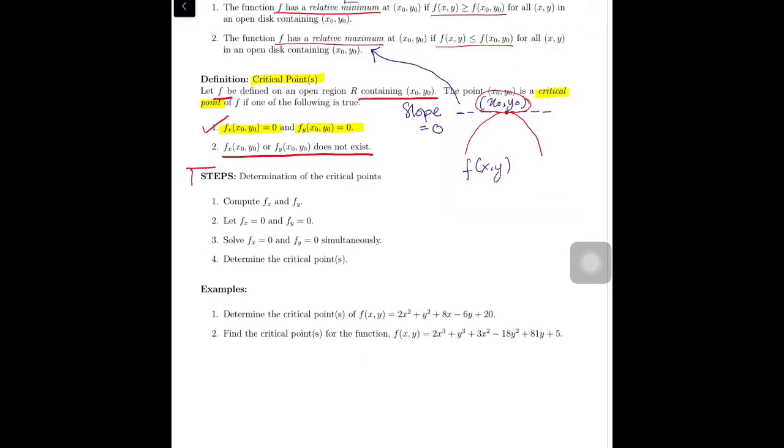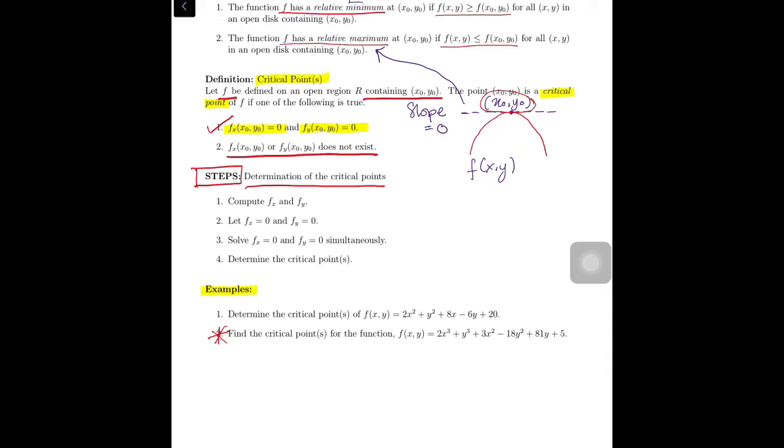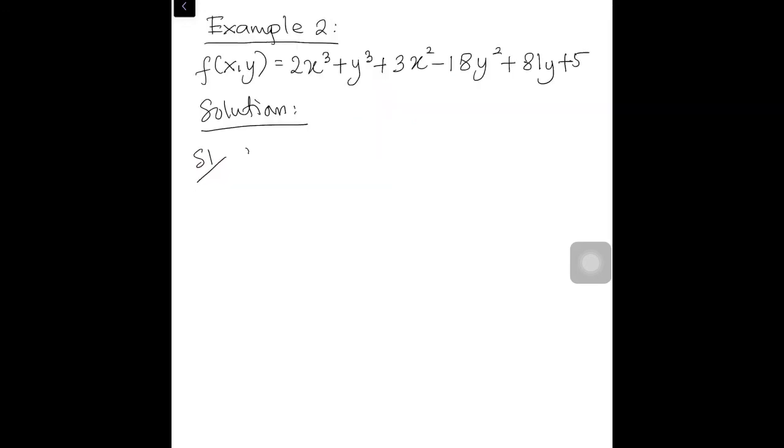As usual, we have steps here on how to determine the critical points. To show these steps, I will use example 2. So this is the question. We start with step 1, compute fx and fy. Step 1, fx, the partial derivative with respect to x.